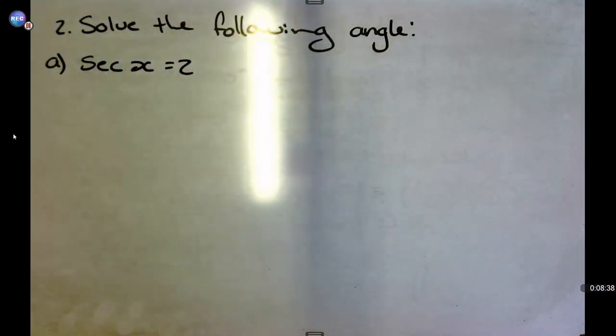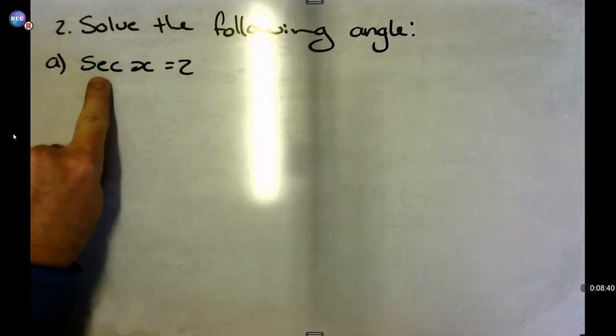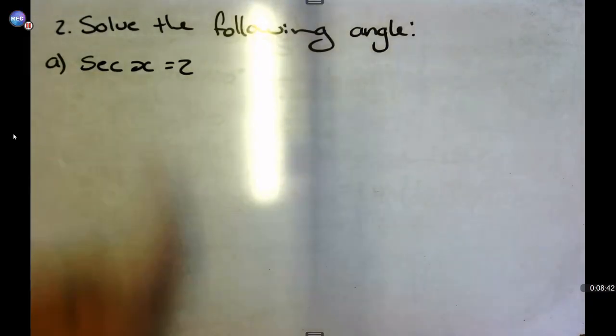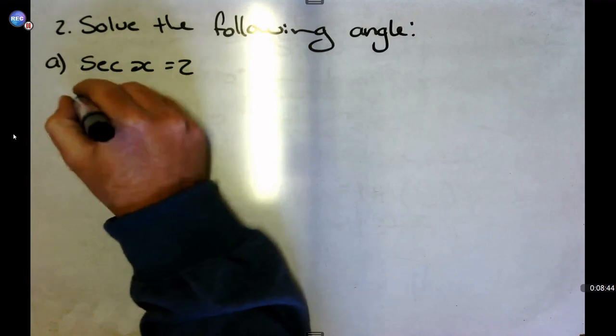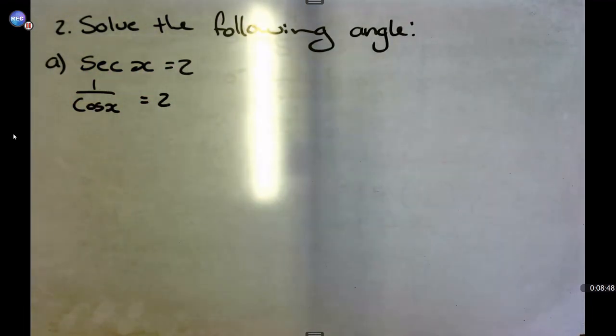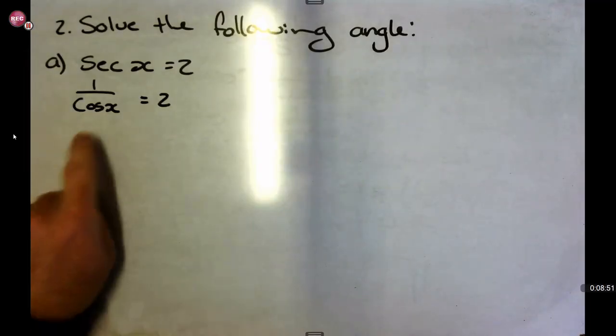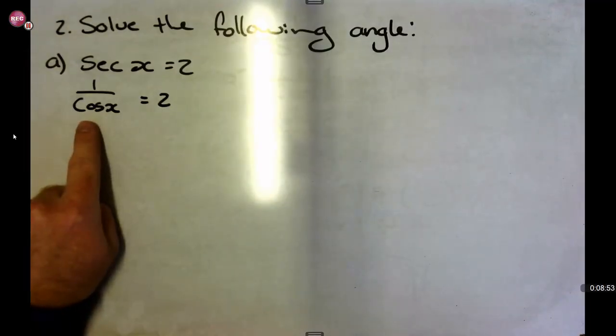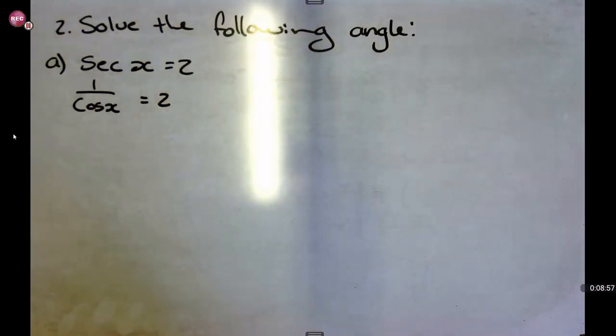Sec x equals 2. The reciprocal function for sec is cos. So it's going to be 1 over cos x equals 2. First thing that you want to do is get rid of the denominator. The only way that you can get rid of the denominator is by multiplying by the reciprocal of the denominator.